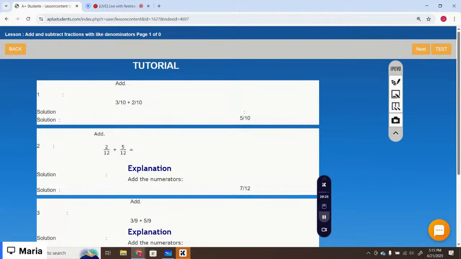So they have the like denominators. You can simply add their numerators. So 3 plus 2 is 5. That is 5 by 10. Let's just start with the test questions.